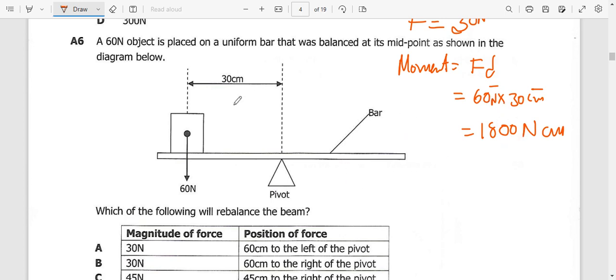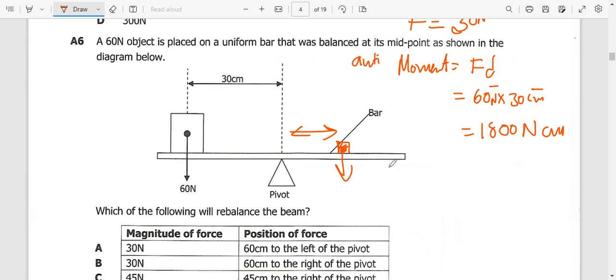Now, you want to see which of the following will balance a beam. You want to see where you are going to place another weight, and at what distance you should place it, so that you balance this beam. Remember this is the anti-clockwise.